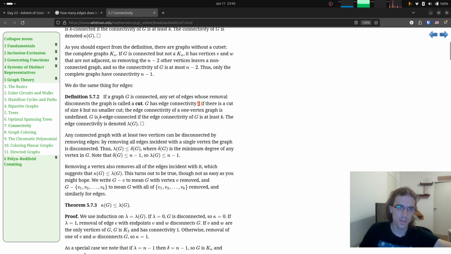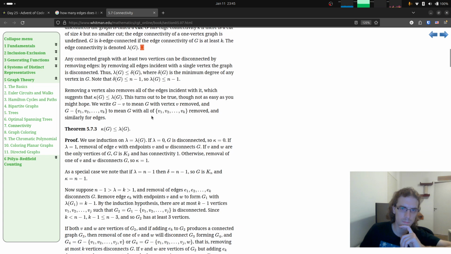Okay. G is K edge connected if the edge connectivity of G is at least K. The edge connectivity is denoted lambda of G. Okay, and there's a square here that I will assume is just a glitch.